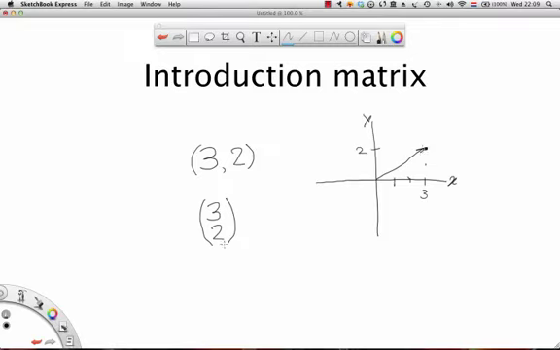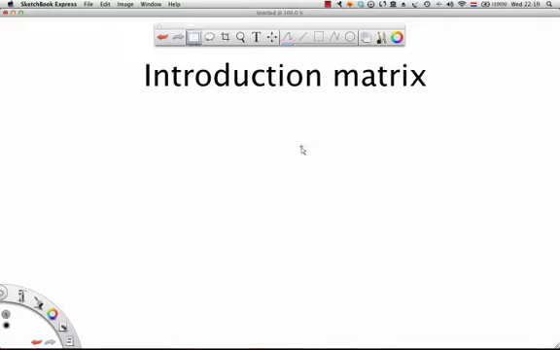So numbers and what you can do and what they portray changes if you add other numbers. I start with a number. The number is 3.